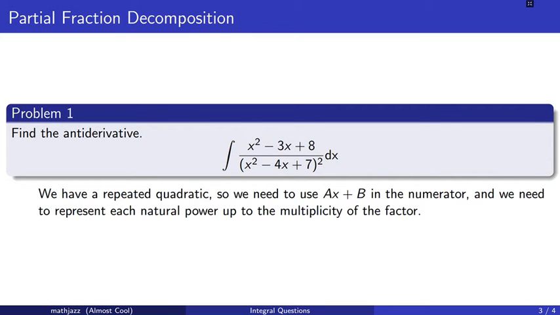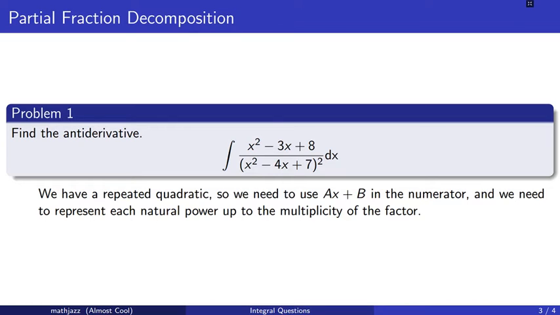We notice that not only is the only factor in the denominator an irreducible quadratic, but it is also a factor of multiplicity 2. If we have a factor in a rational expression that we're trying to express in a partial fraction decomposition, and that factor has multiplicity greater than 1, we need to represent that factor as a denominator of every power up to and including the multiplicity in the denominator of the original fraction.